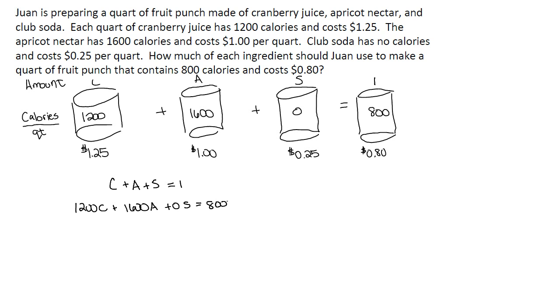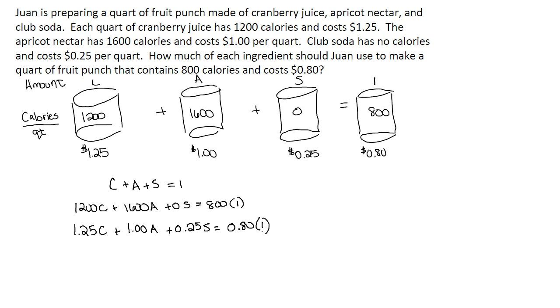And finally, we'll have a cost equation. $1.25 times the number of quarts of cranberry juice, plus $1 times the number of quarts of apricot nectar, plus 25 cents times the number of quarts of club soda, should equal 80 cents times the number of quarts of the mix.